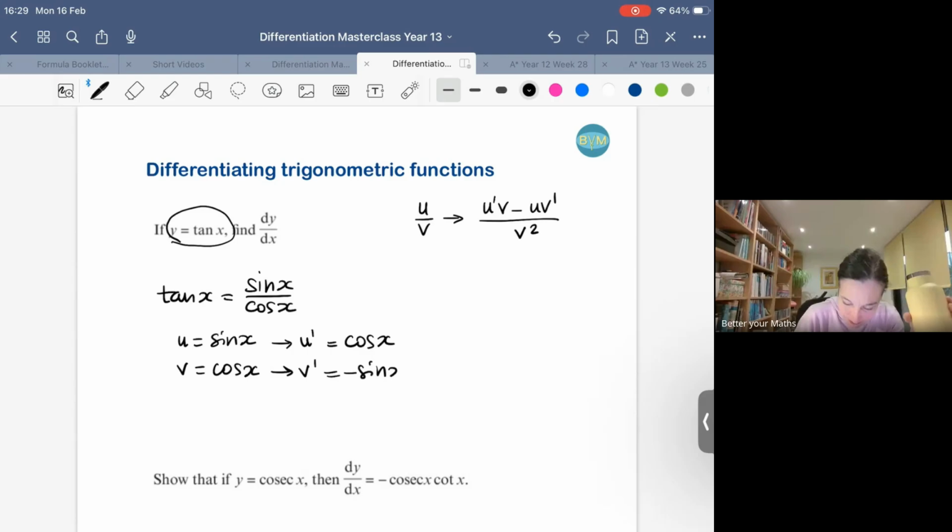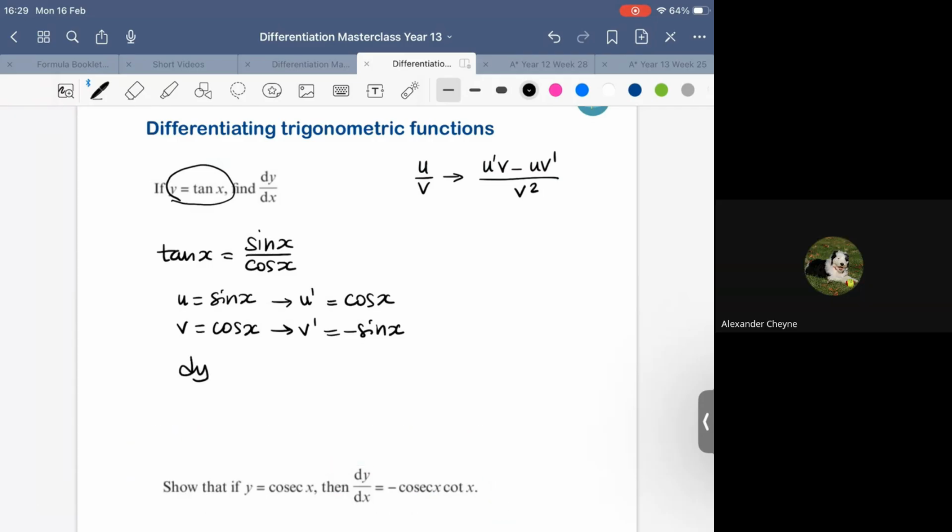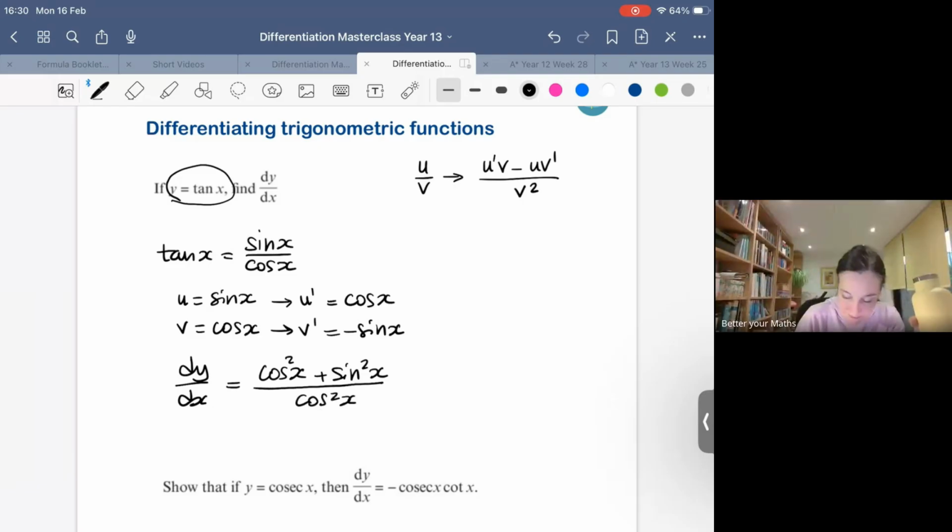Exactly, well done for the signs. And now when I substitute, what do I have? You get cos times cos, so cos squared, plus sine squared, over cos squared.